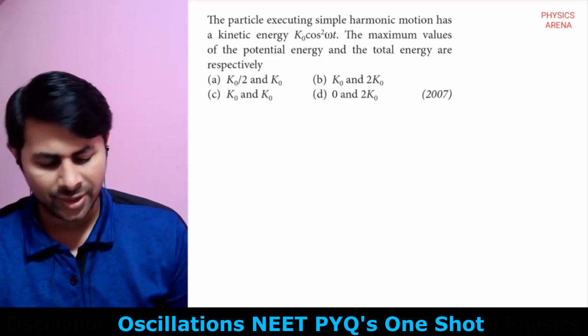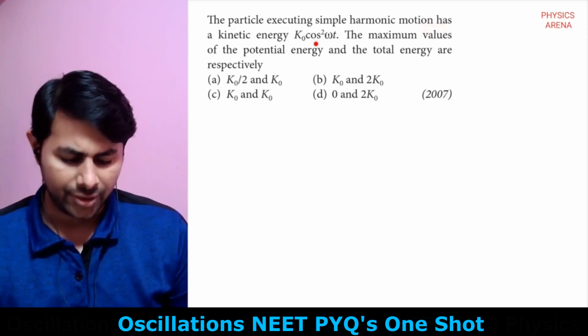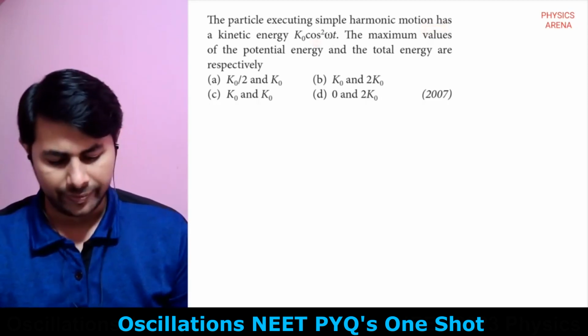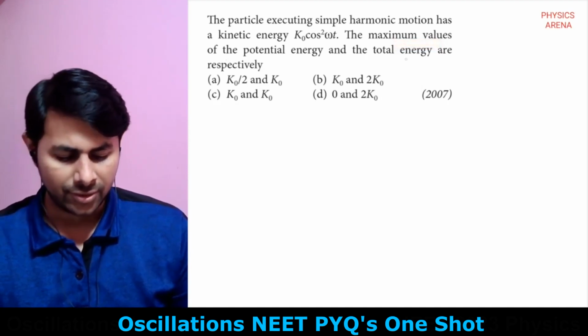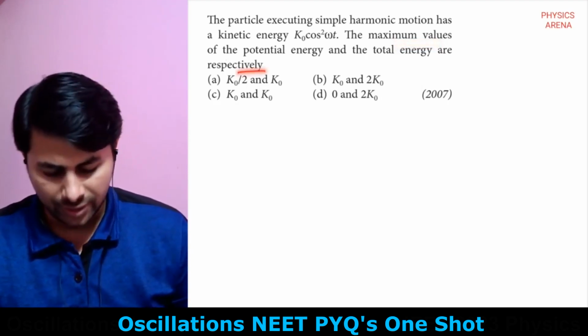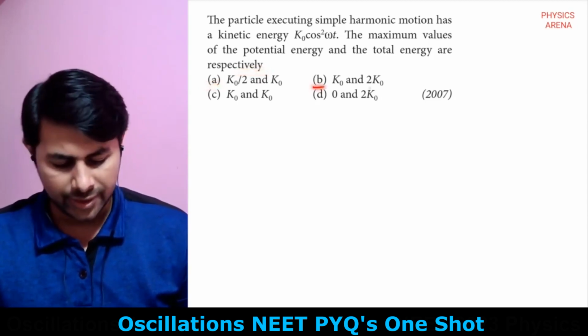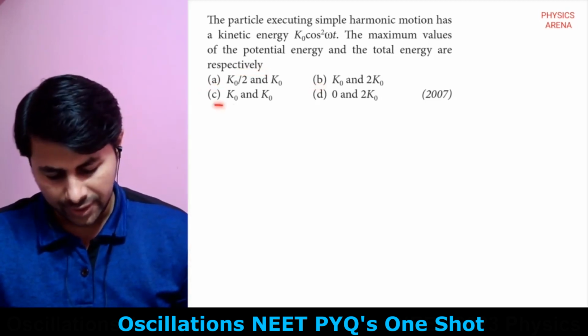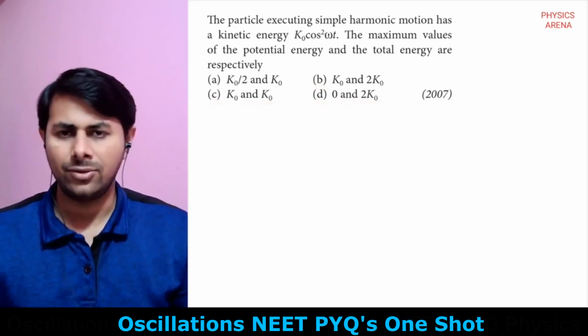The particle executing simple harmonic motion has a kinetic energy k naught cos square omega t. The maximum values of the potential energy and total energy are respectively: A is k naught upon 2 and k naught, B is k naught and 2 k naught, C is k naught and k naught, and D is 0 and 2 k naught.